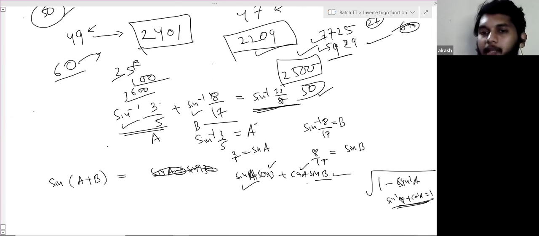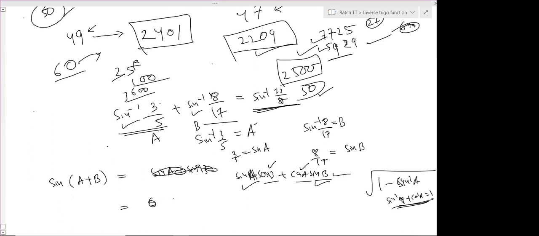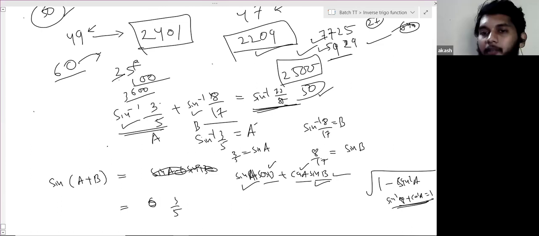So we have sine A and sine B, so we can find cos B and cos A. Just put the values. If sine A is 3/5, then cos A will be 4/5. This we already have, 15/17, plus this is 4/5 into sine B, which is 8/17.